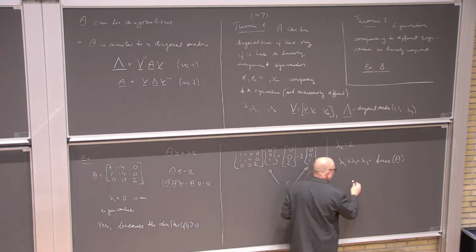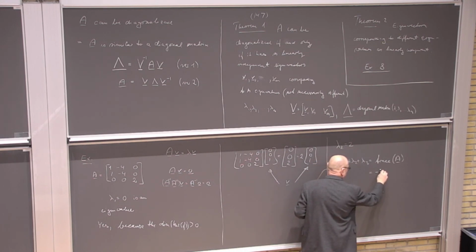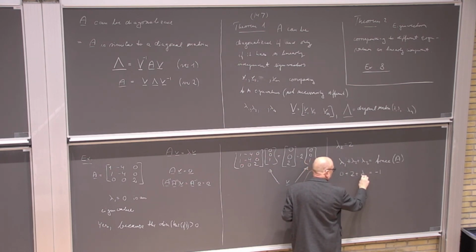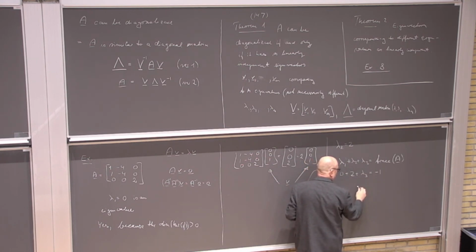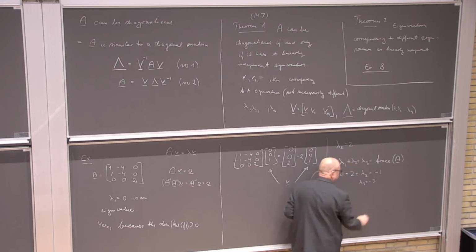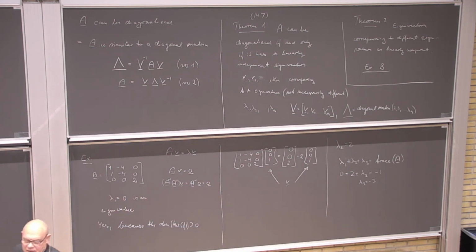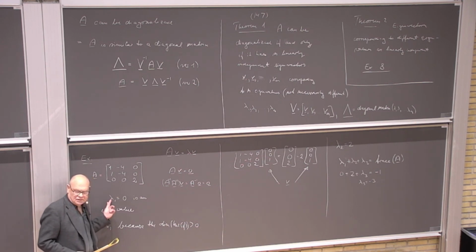So 0 plus 2 plus lambda 3 is equal to minus 1. Then lambda 3 is equal to minus 3. Now I have three different eigenvalues.